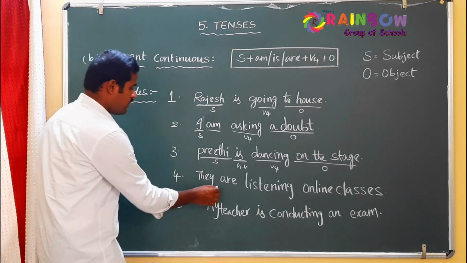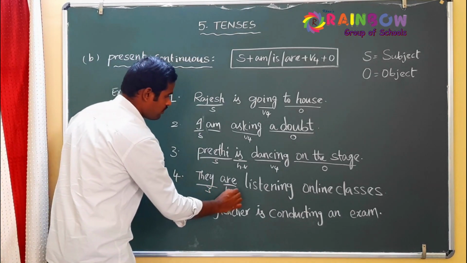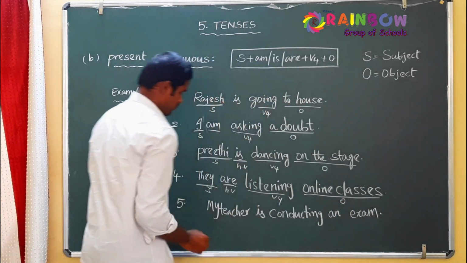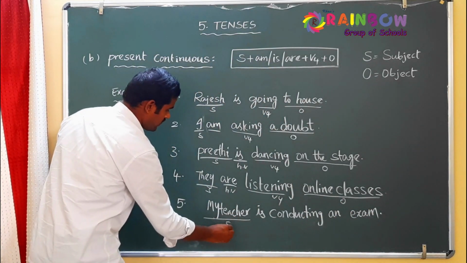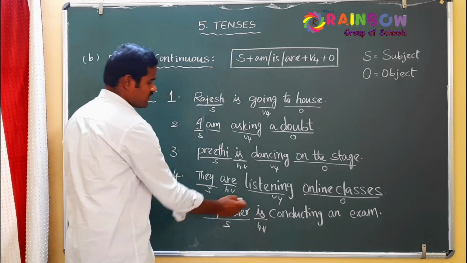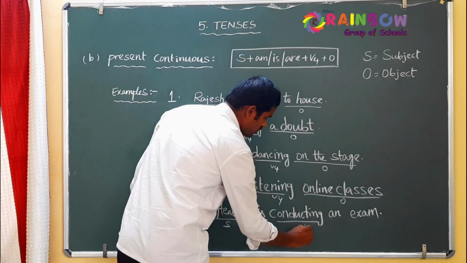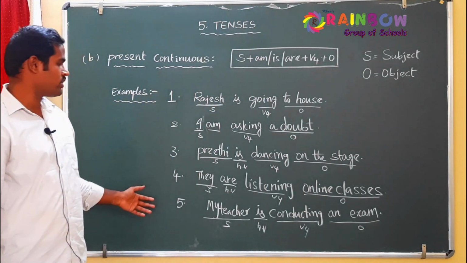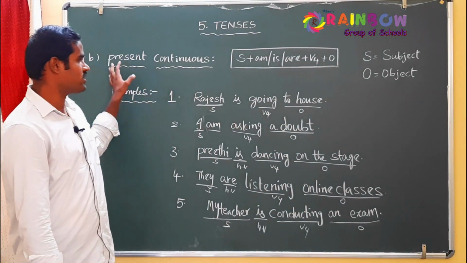Coming to the fourth one, they is the subject, are is the helping verb, listening is V4, and the remaining part of the sentence is object. Even in the fifth one, my teacher is the subject, my option is is as it is singular, conducting is V4, and exam is object. So all these five statements are in present continuous tense.